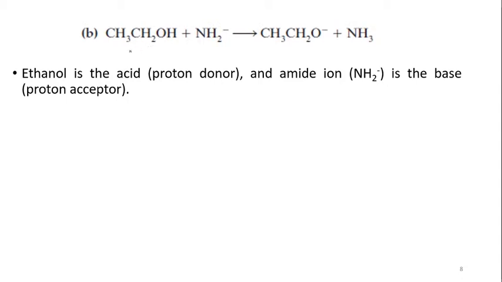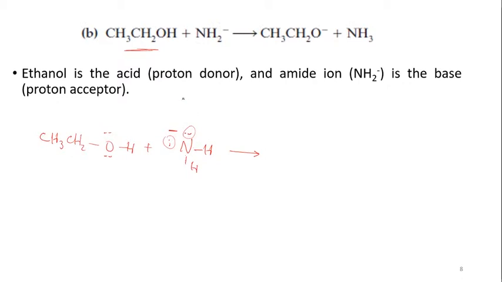Okay, let's look at this example, which has ethanol. So I have CH3, CH2, and if I draw the oxygen, I will have two non-bonding pairs, plus the nitrogen. I will have here hydrogen and hydrogen, and 1, 2, 3, 4. This means I have a negative charge here. So I completed this with these two non-bonding pairs, because if you count 1, 2, 3, 4, 5, 6, 7, 8, I have to satisfy the octet rule around the nitrogen.